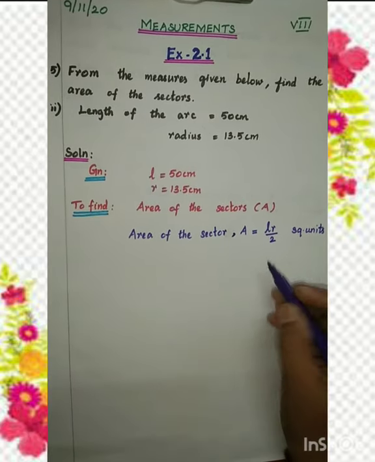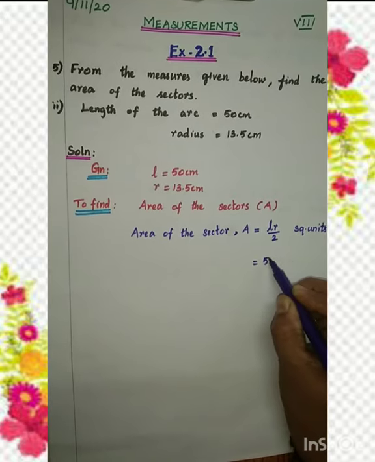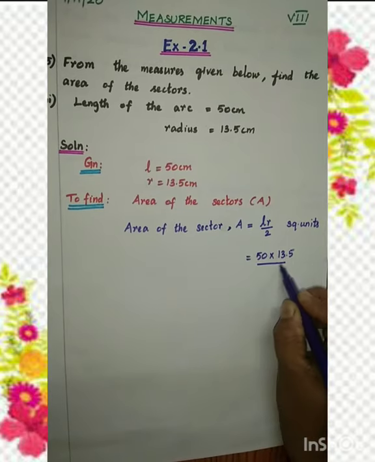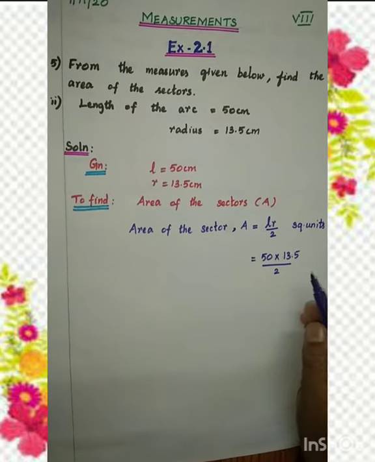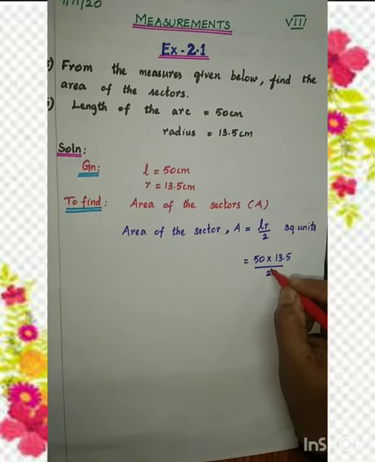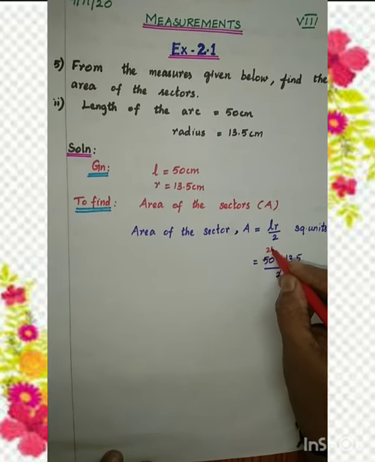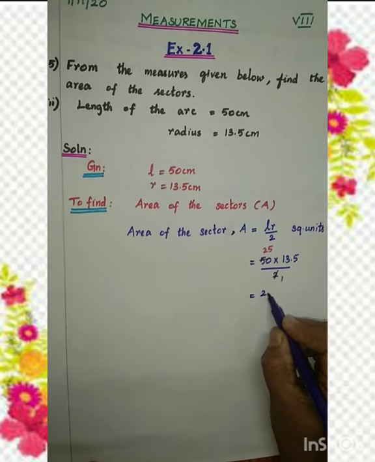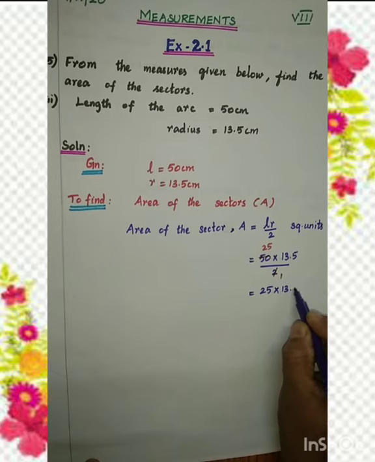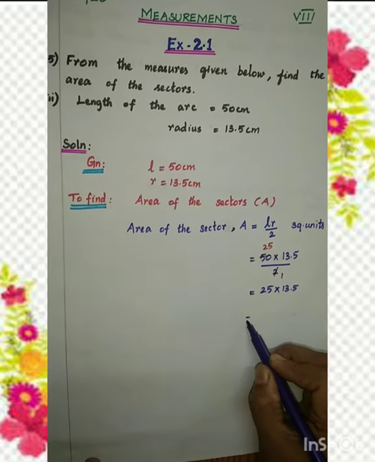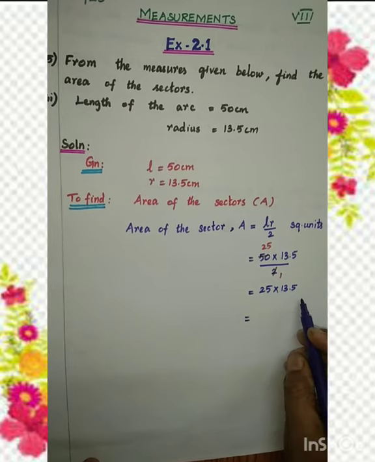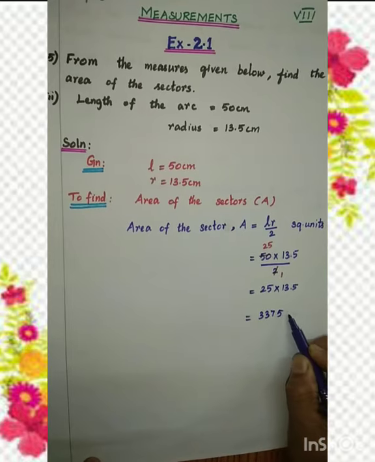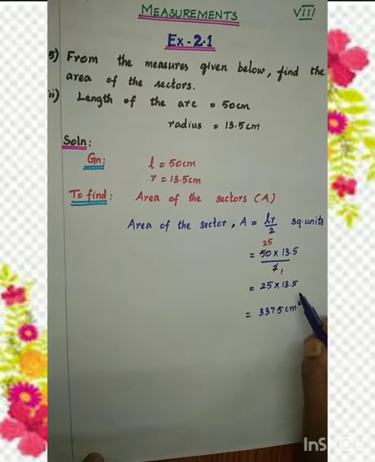So here, what is the L value? 50 into radius 13.5 divided by 2. We can cancel with the 2 table. 2 ones are 2, 25 twos are 50. Now the numerator is 25 into 13.5. When you multiply 25 into 135, you will get 3375 centimeter square. Here we have a decimal point.